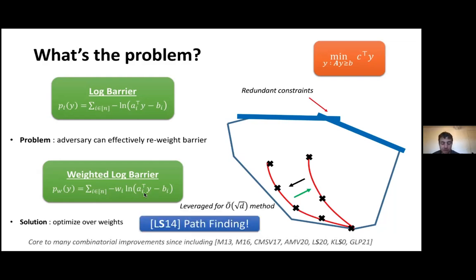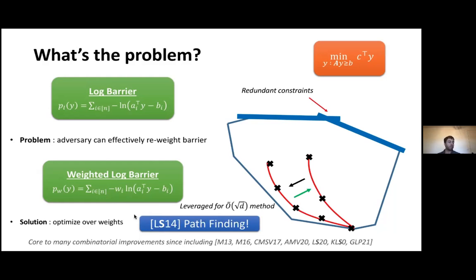Right. In joint work with Yintat, we called this path finding, as an homage to a previous paper. But this idea of using weighted log barriers actually arises in a number of different contexts. It's a key thing we used originally for a root d iteration method, and a number of different combinatorial advances in max flow and min cost flow also use this idea of a weighted log barrier in different ways.